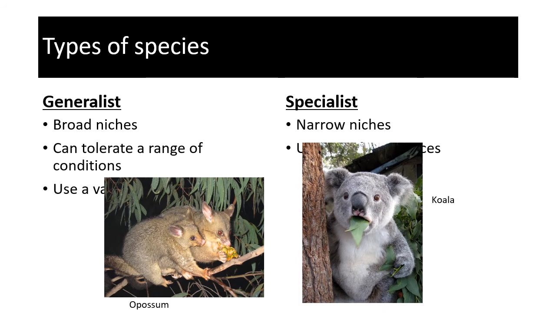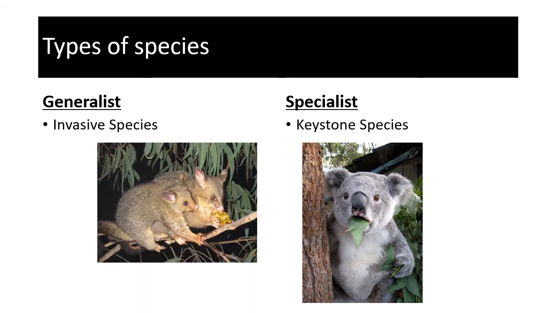The koala is a specialist because it eats the eucalyptus, and the possum is a generalist because it can have that range of conditions and can use a variety of resources. So generalists generally become invasive, and specialists generally are keystone.